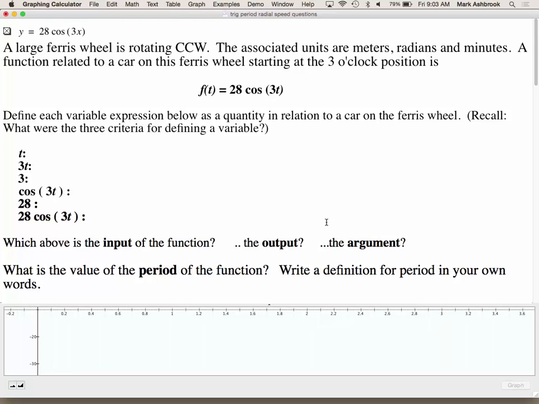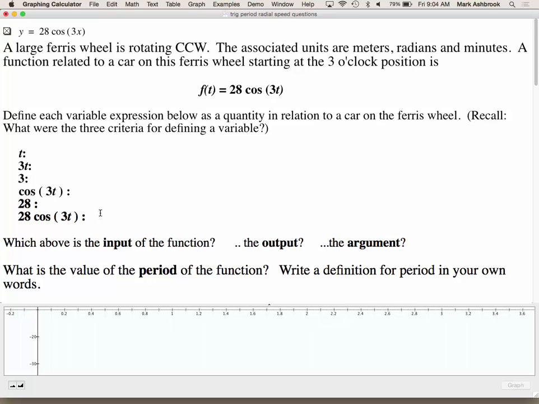So if you took notes on this last time, don't look at your notes. We'll just start over. Start over here, looking at this function related to this Ferris wheel. The associated units are meters, radians, and minutes. This function f is given by f of t equals 28 cosine 3t.